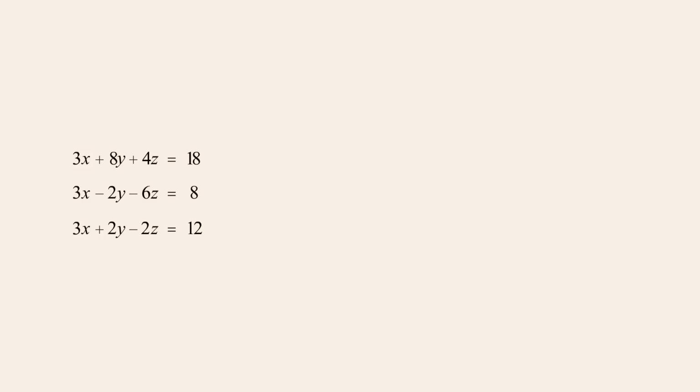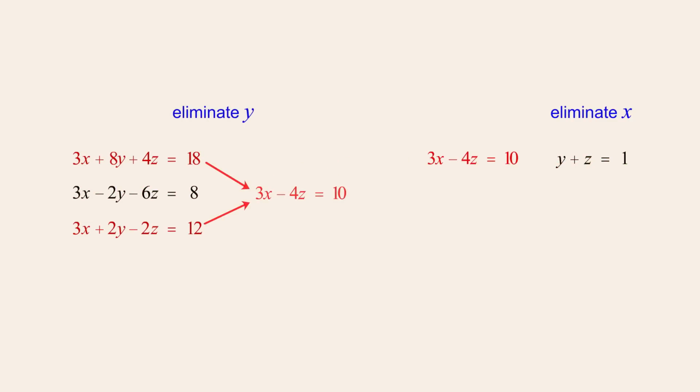No matter which pair of equations were used, we always ended up with this same equation. Likewise, eliminating y always produced the equation 3x minus 4z equals 10. And eliminating z, we always got 3x plus 4y equals 14.